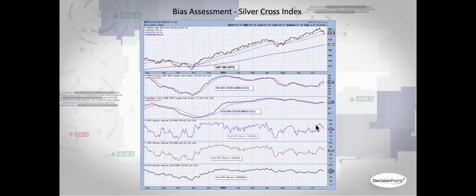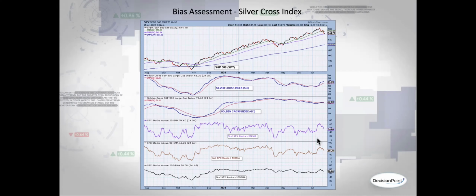Okay, so we know that the price needs to be above both of those moving averages, but in particular, it needs to be above the 50-day moving average because that will prevent the loss of a silver cross, right? Because price can't go below the 50-day moving average. The 20-day can continue to move down, but it won't go below the 50-day moving average unless price is below the 50-day moving average.